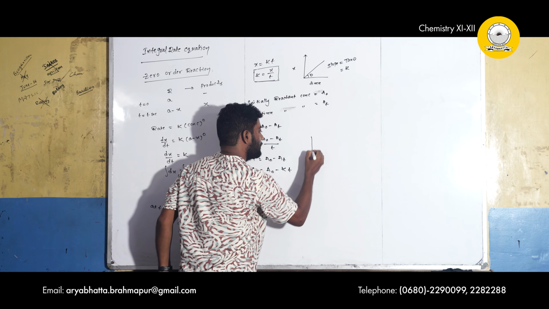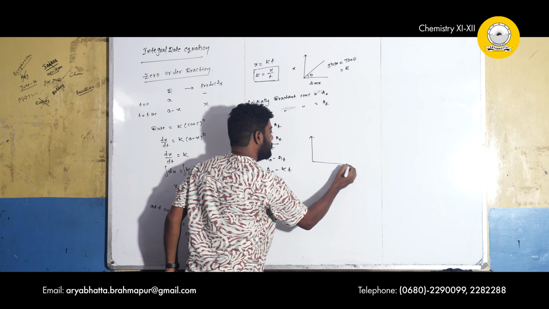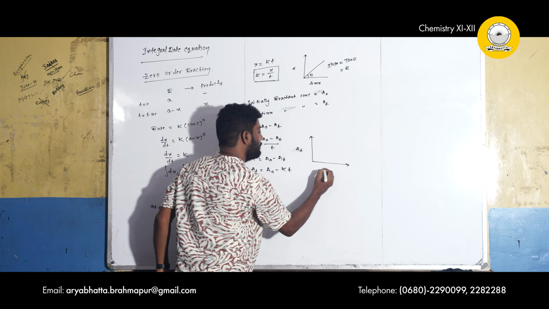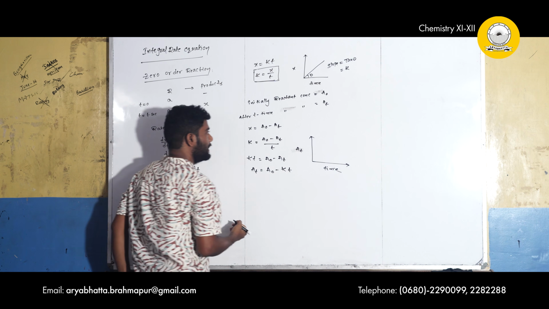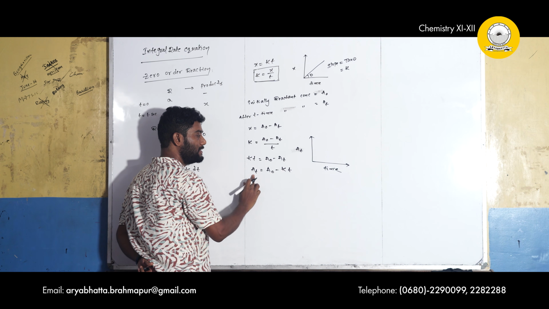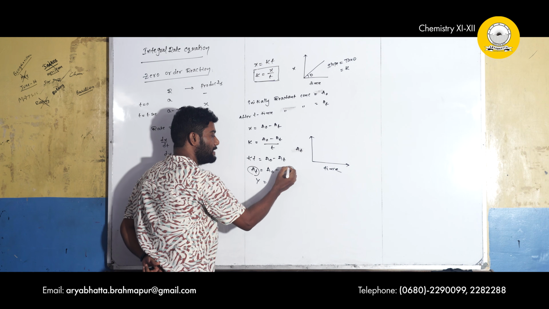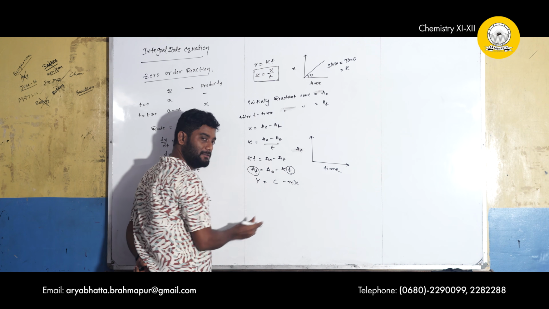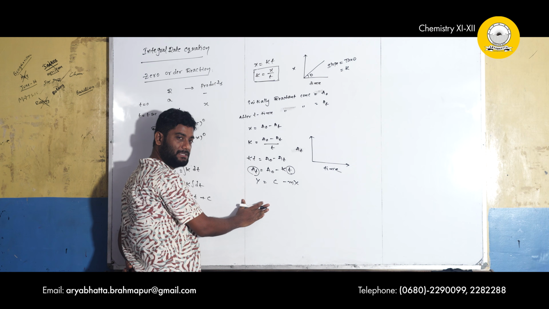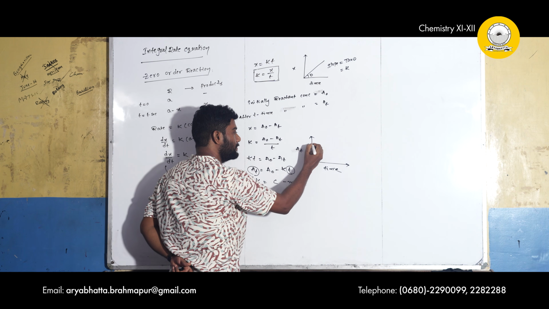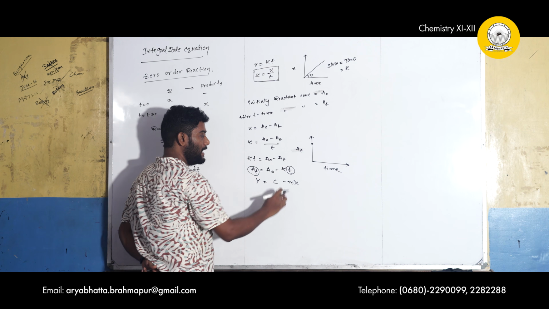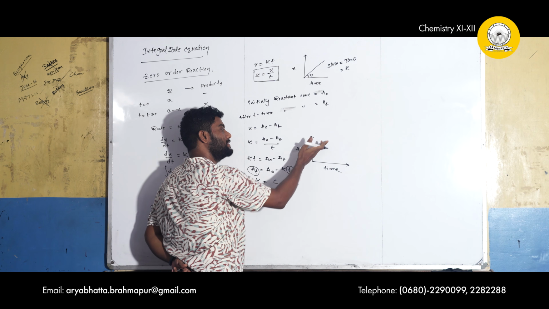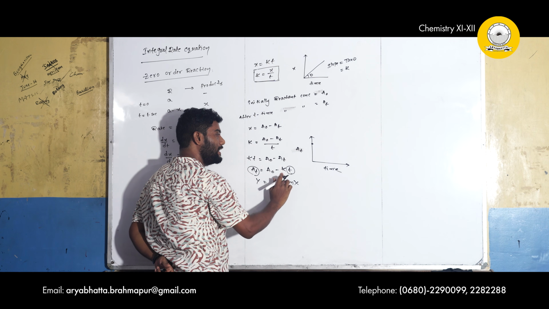Here the graph they can ask is concentration a t on the y-axis and time on the x-axis. So y equals minus mx plus c. The intercept is positive, so the line passes through the y-axis, and the slope is negative, which means the line comes down. Slope positive means the line goes upward; here the slope will be negative.